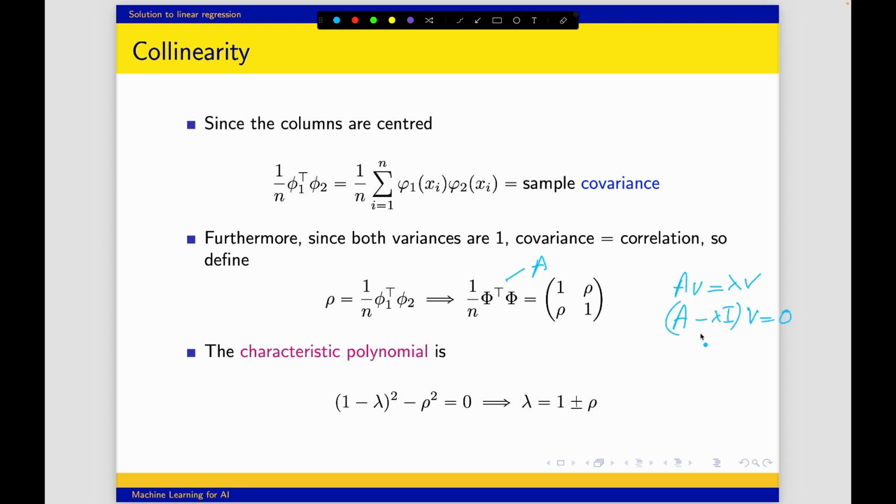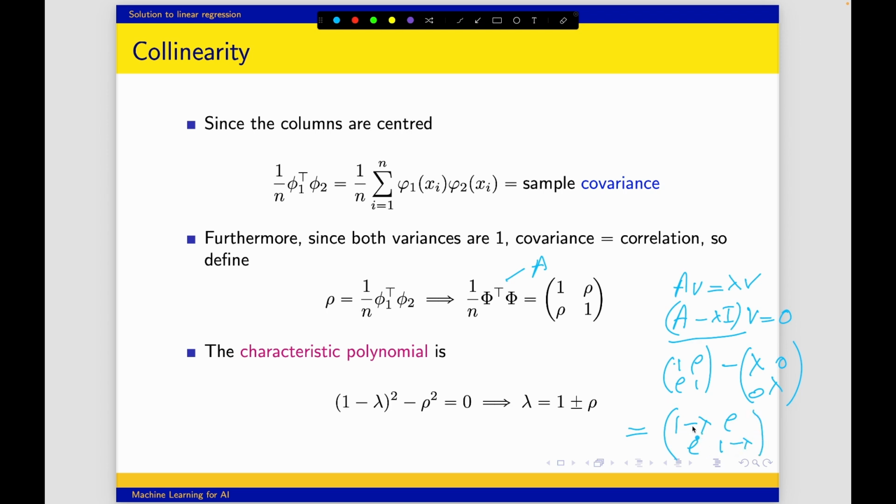So the characteristic polynomial is formed from this matrix. So it's going to be the matrix with 1, rho, rho, and 1, minus lambda times I, which is lambda, 0, 0, lambda. So we're going to get this matrix: 1 minus lambda, rho here, rho, and 1 minus lambda. Right?